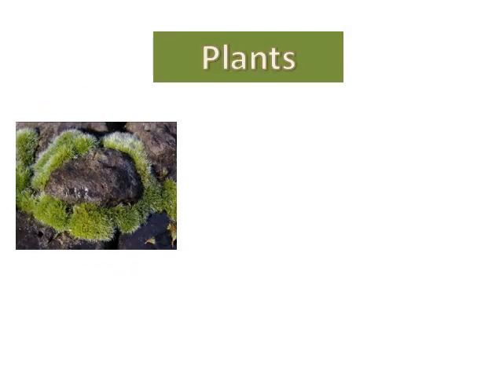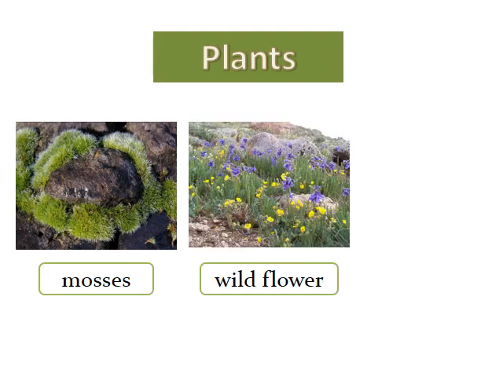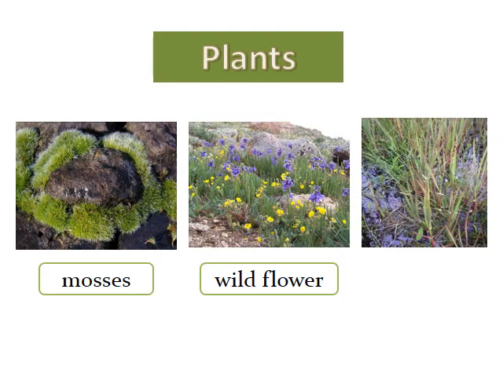Examples of the plants of the tundra biome are the mosses and the wildflowers, and of course the grass. Any short plant, you will find them in the tundra biome.